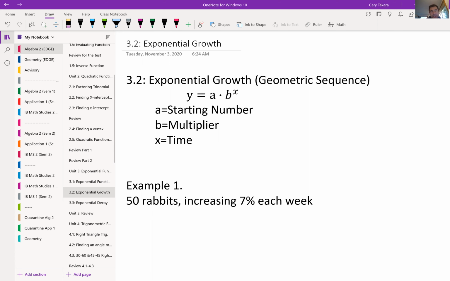Anyway, just before we backtrack, we have the exponential function in the form of y equals a times b to the x power.